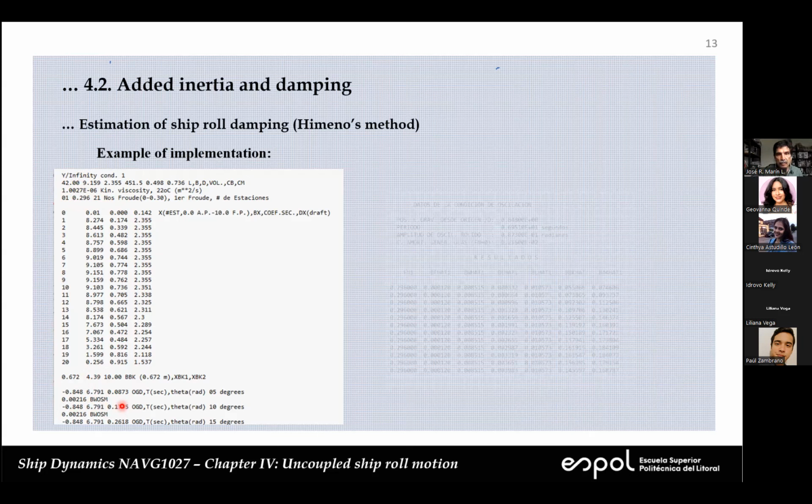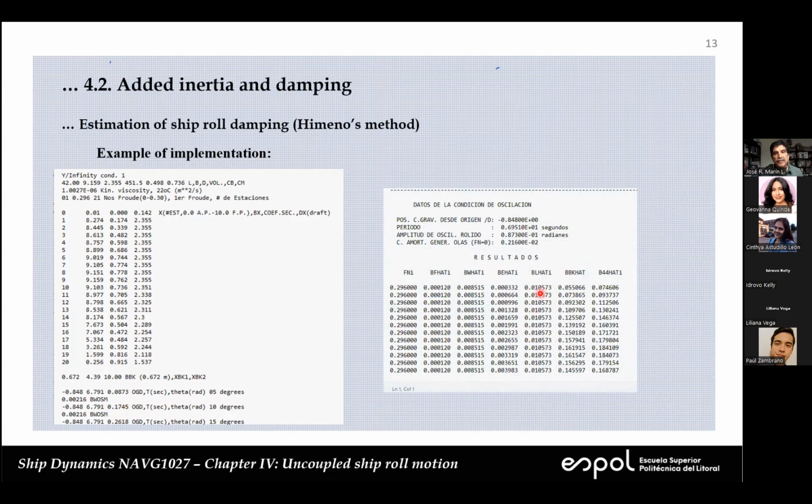Here is part of the result file. You get something like this, with part of the data. Up here we have all of this just to check. I didn't want to present this.